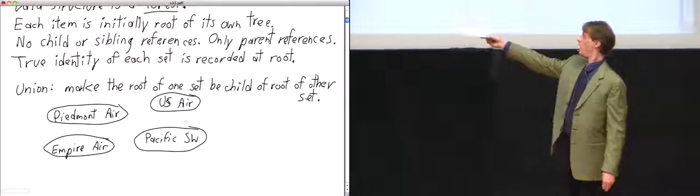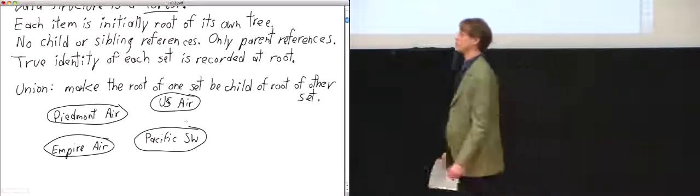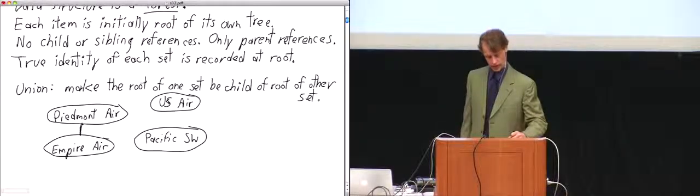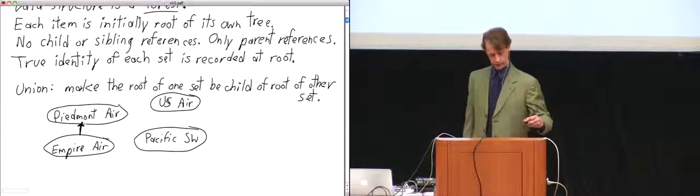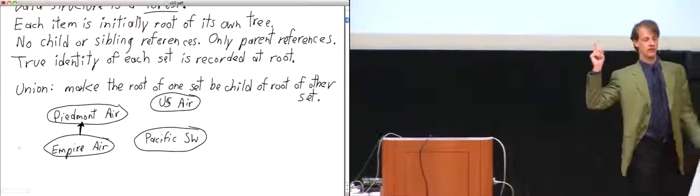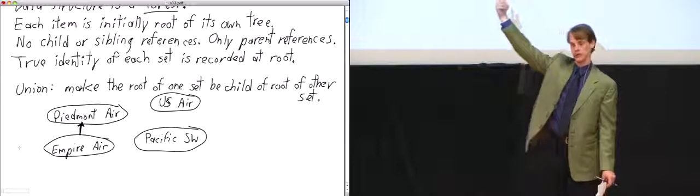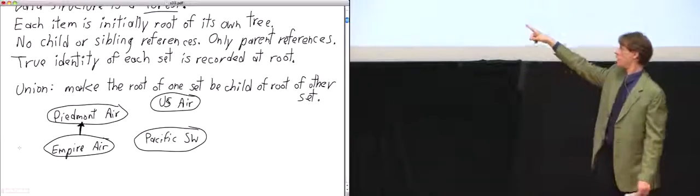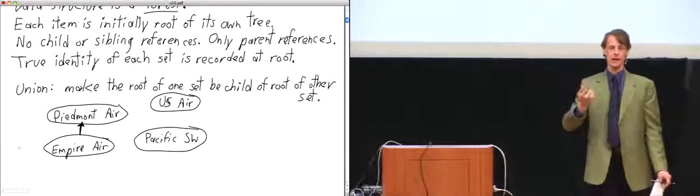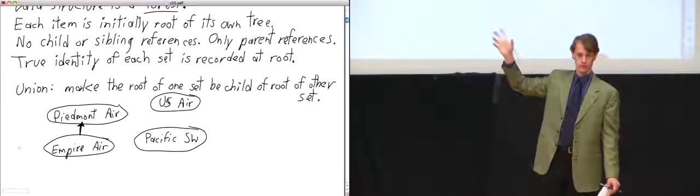But I want to take the union of Empire Air with Piedmont Air. So what do I do? I take the Empire Air tree's root and I make it become a child of the root of Piedmont Air. Now remember, I'm only doing parent pointers here, so that arrow there is pointing from a child to its parent. Piedmont Air is now the parent of Empire Air, and that means they're in one set together, and whatever that set is called, I store its name at the root, which is Piedmont Air.